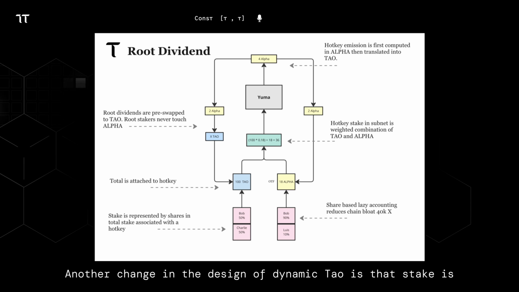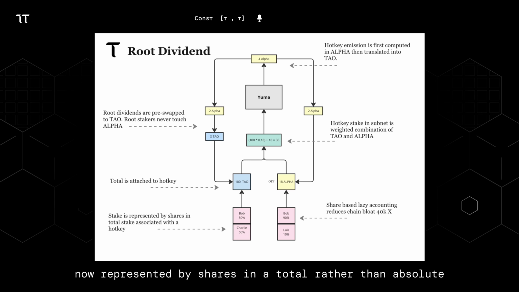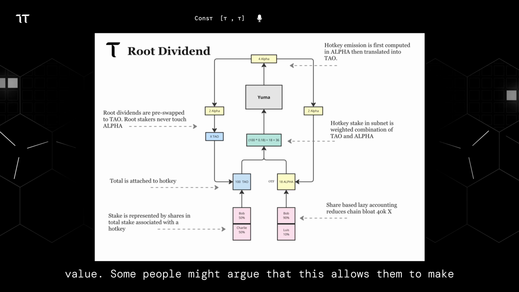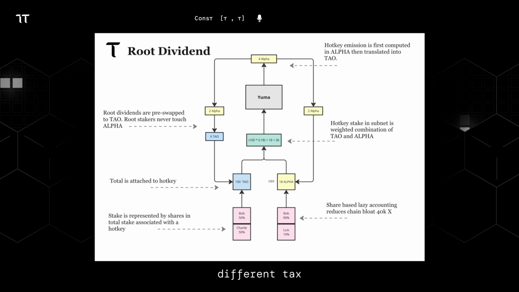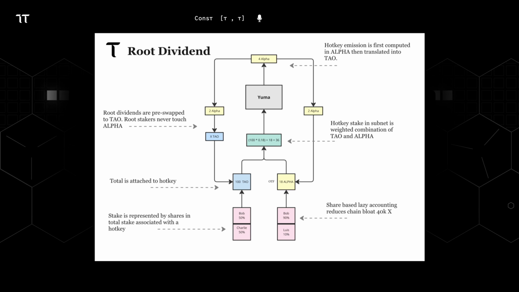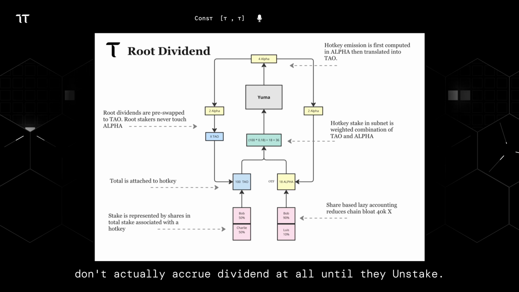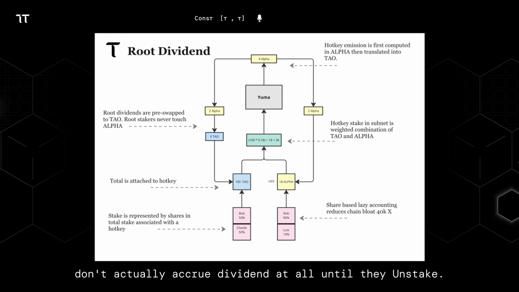Another change in the design of dynamic tau is that stake is now represented by shares in a total rather than absolute value. Some people might argue that this allows them to suggest different tax outcomes for themselves because they don't actually accrue dividend at all until they unstake.